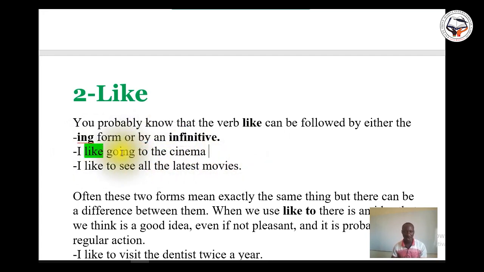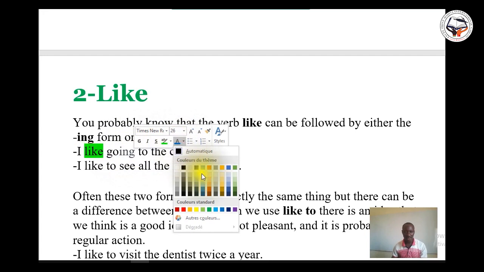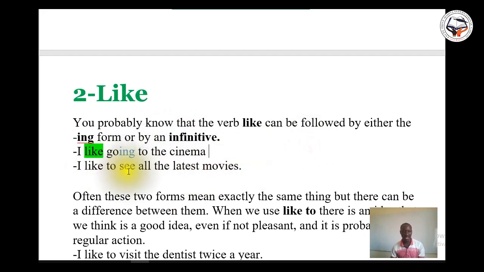Here we have the ing form. I like going to the cinema. I like to see. You see, it is the same.